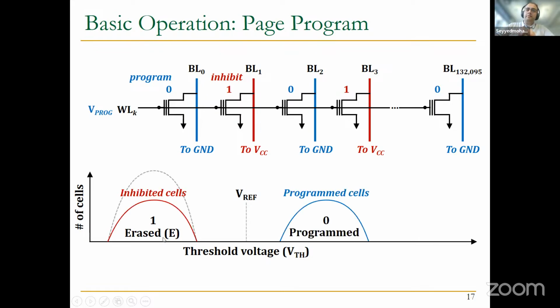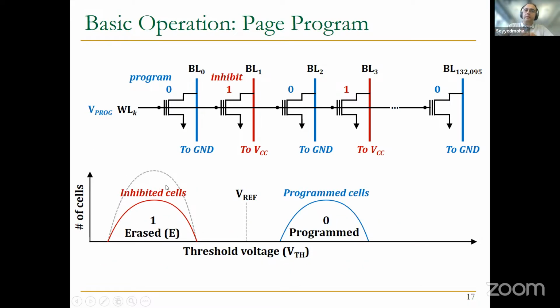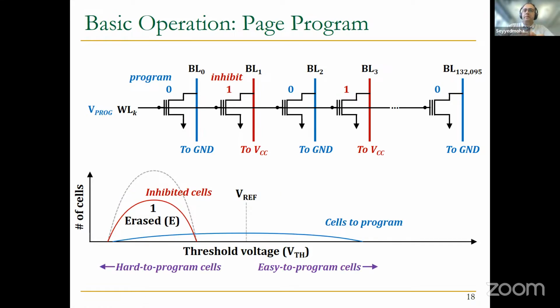When you apply the program voltage, after some point, you would like to reach this beautiful threshold distribution, where some cells in that page now have 0, I mean they are programmed and will be encoded as 0, and other cells are 1. But the reality is that if you apply the program voltage, which is a high voltage, like 20 volts, the first time, you will reach something like this.